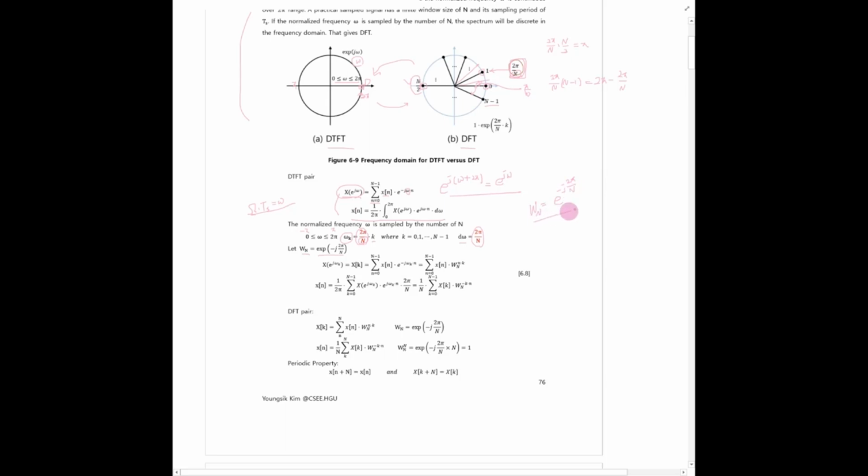You can think of that as the first segment of this part, the basis of the first frequency bin. If we take the DTFT at this harmonic component, the omega k is this one. Then we can write down this definition.